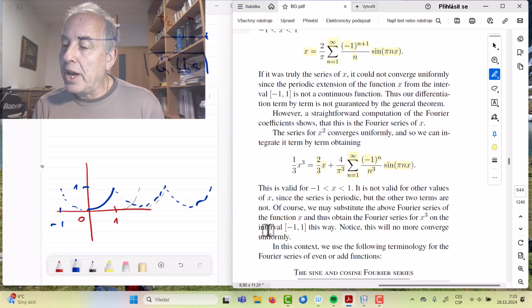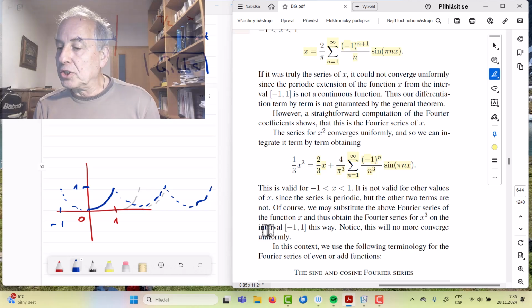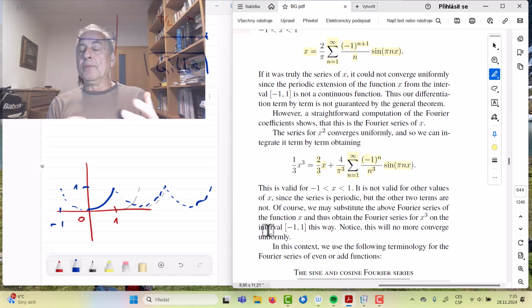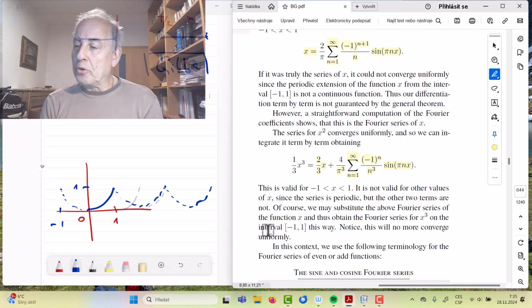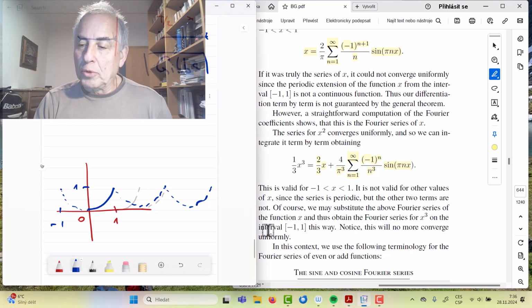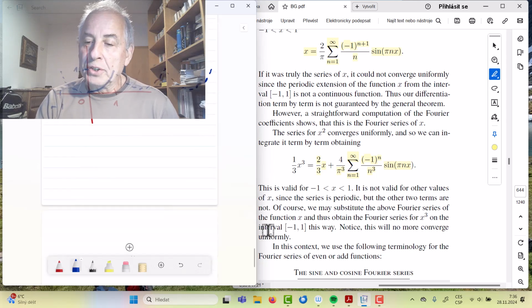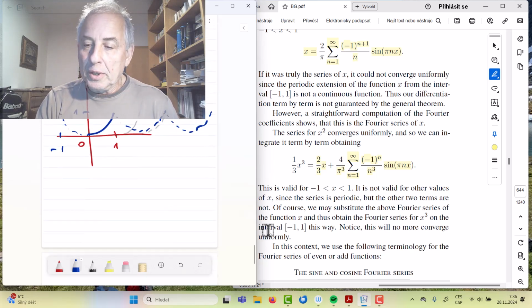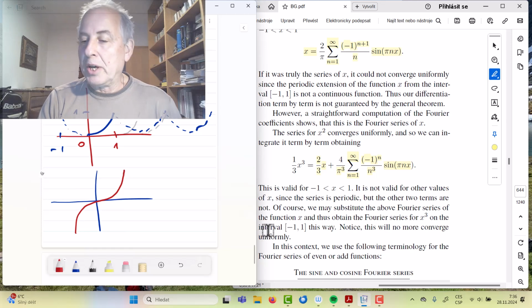But if you do that, you will obviously get that it can't be uniformly convergent anymore, because there will be the jumps, right? So if you look at what x cubed will do on -1, 1, it will be this guy, and it will go like this and this, right?